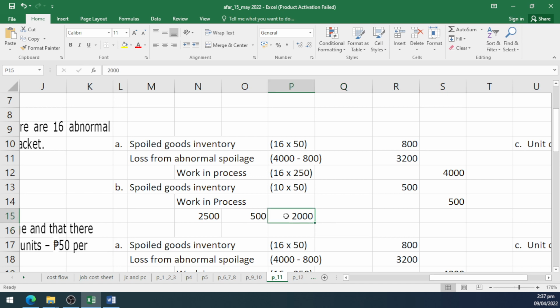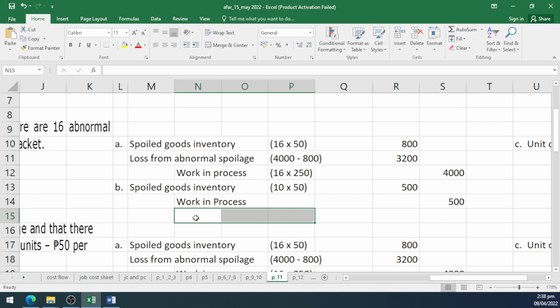Ayun, naka-charge sa job. May iwan doon, magiging cost ng natitirang units. O di naging product cost, di ba? Ayan. So, tandaan ninyo, kung charge to specific job, yung loss on normal spoilage, may iwan doon sa work in process para i-absorb ng iba. As a result, mag-i-increase yung cost per unit dyan.